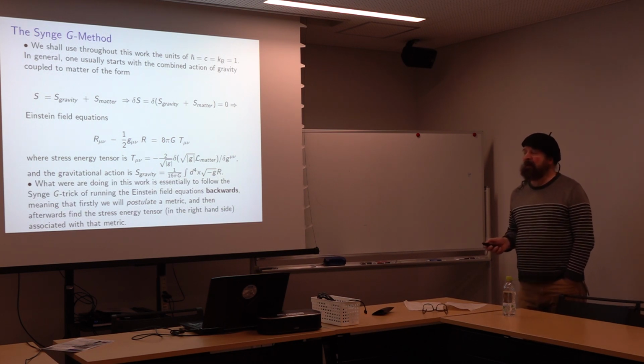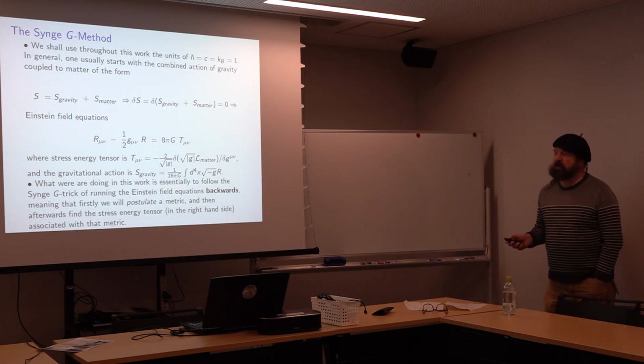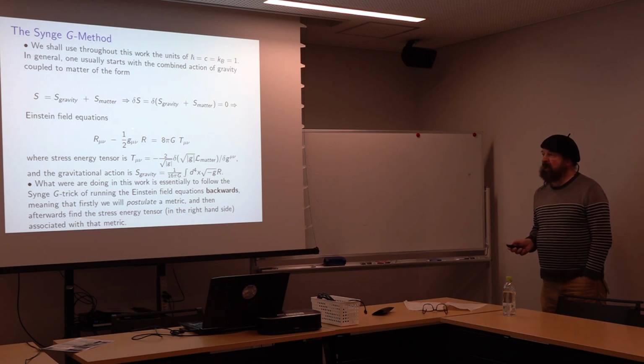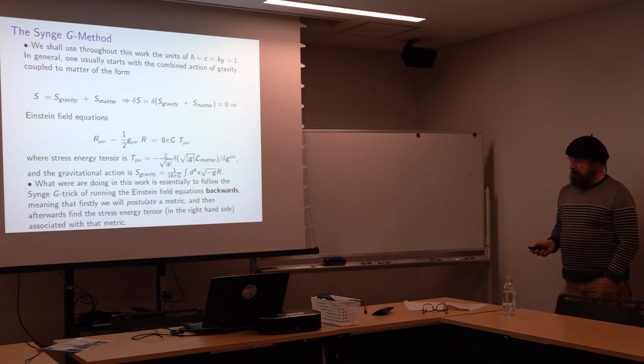So essentially you have a combined action that involves a gravity and matter term, and when you perform a variation of the action, you want to minimize this action, and when you set it to 0, you derive the Einstein field equations. On the left-hand side of the Einstein field equations, you have what you call the Einstein tensor, which has the Ricci tensor over here. Here you have the metric, here the scalar curvature, and on the right-hand side you have the matter contribution.